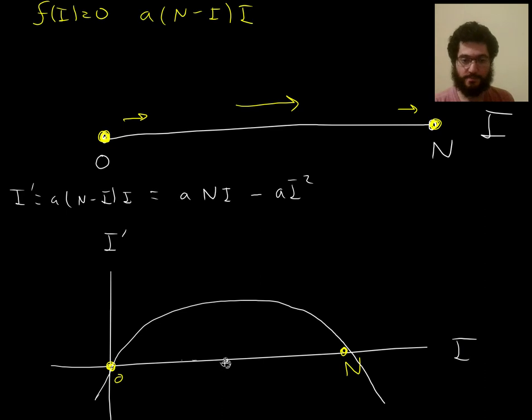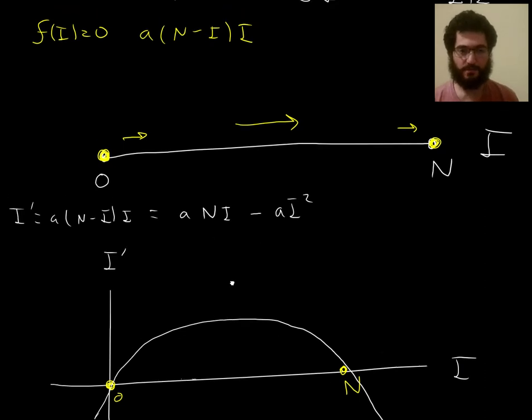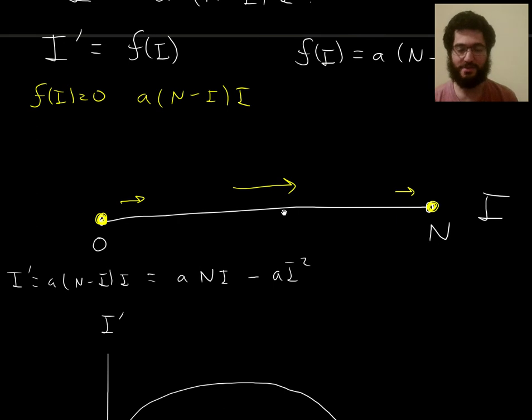And if you've got, like, n over 2 infected people, then that gives you a situation where the number of infected people increases the fastest. So that kind of justifies the sizes of the arrows that I'm putting here in my phase line segment.